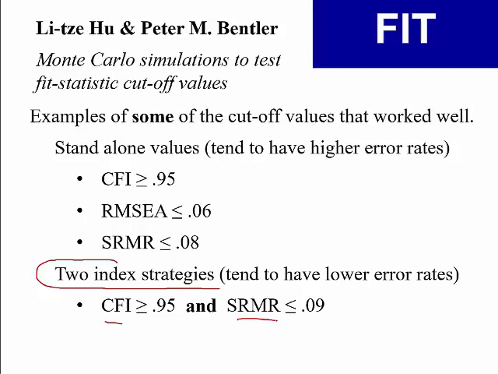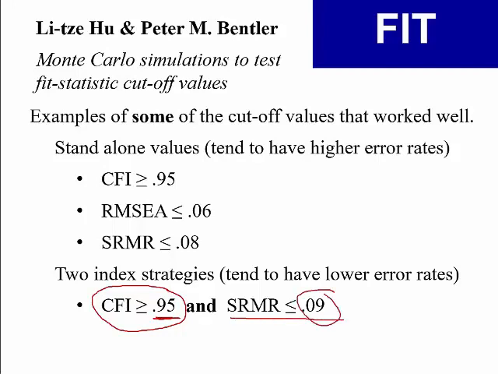So in this case, we have two criteria, and it needs to meet both criteria before we call it a good fit. For this particular two-index strategy, I want my comparative fit index to be greater than or equal to 0.95, and my standardized root mean residual to be equal to or less than 0.09.